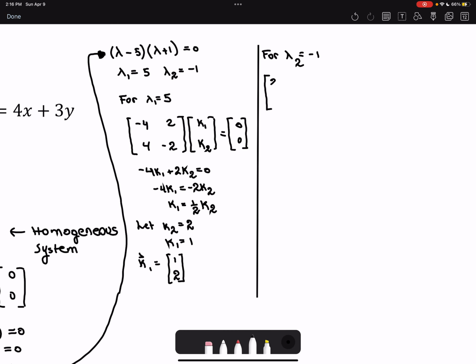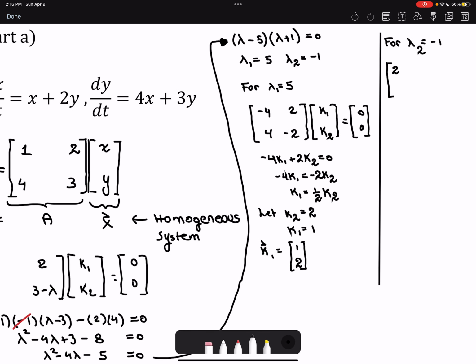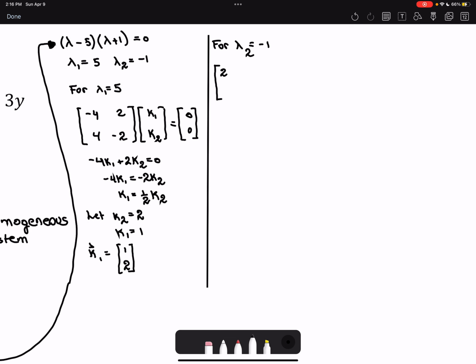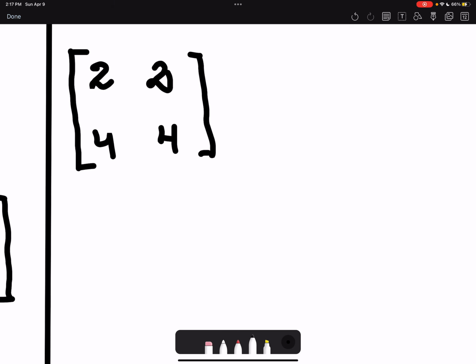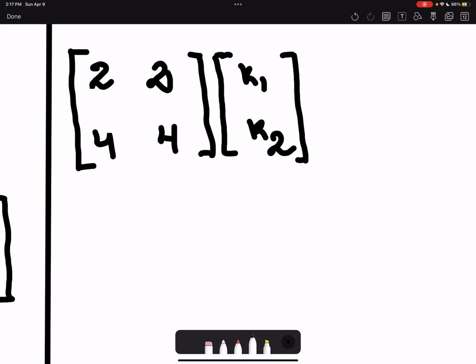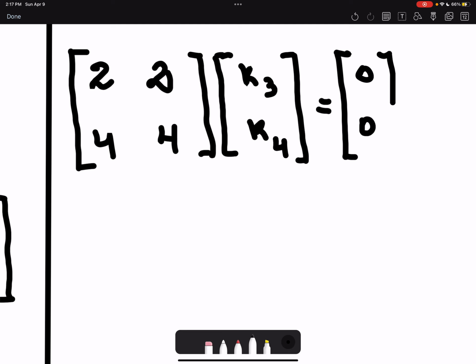So here we're going to have a 2. And then on the other diagonal we have 3 minus negative 1, which is 3 plus 1, which is 4. And then the other two entries will stay the same. So that was a 2, and this one was a 4. I notice again that the rows are dependent, which is good for us. And you'd probably want to call this k3 and k4. And that's going to be 0, 0.